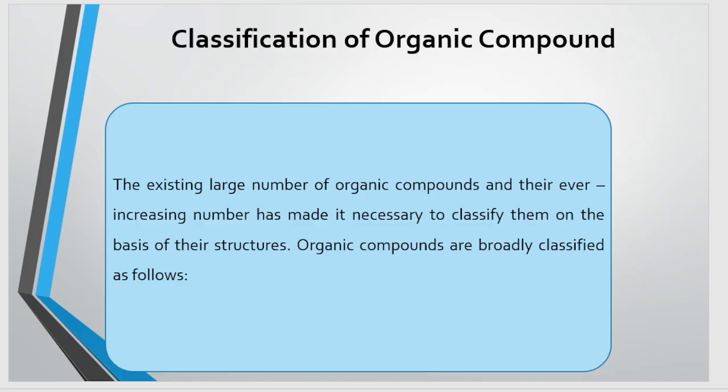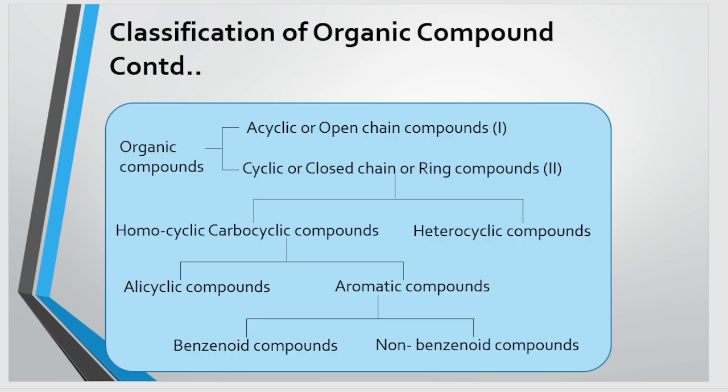Now, organic compounds are mainly divided into two types: acyclic or open chain compounds, and cyclic or closed chain ring compounds. Closed chain ring compounds are of two types: homocyclic and heterocyclic.